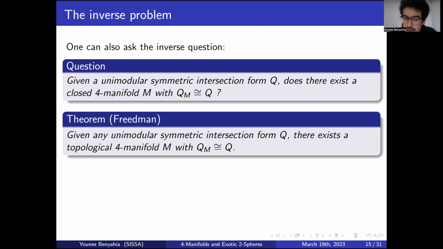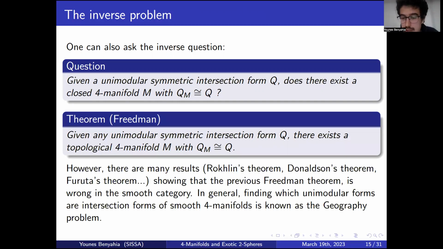Now, whether or not there is a smooth one, that is actually false, and there are many results, for example Rokhlin's theorem, Donaldson's theorem, or Furuta's. They show that there are extra restrictions on the bilinear form to be an intersection form for a manifold.